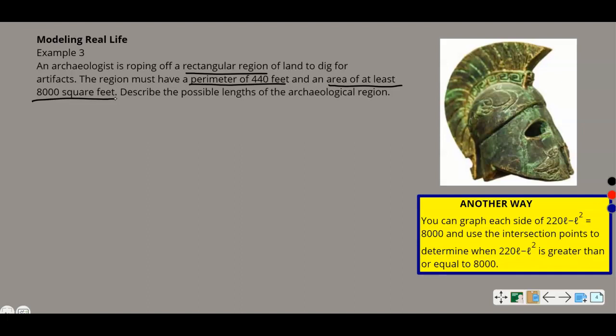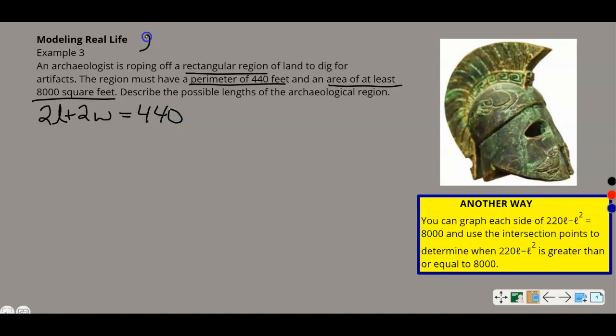For a rectangular region, we know the perimeter is twice the length plus twice the width equals the perimeter. So we can say 2L, twice the length, plus twice the width has to equal 440 feet.